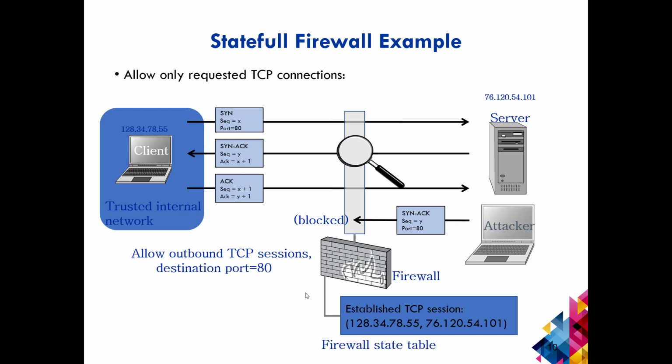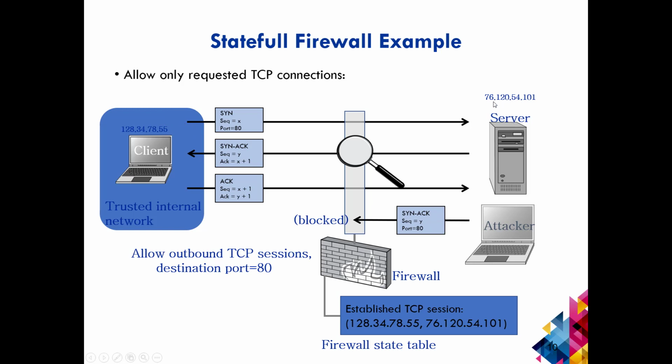Okay, from this explanation, we add the firewall state table, where it stores the TCP session. The TCP session will be interpreted by the firewall. Let's see it step by step. You request something from a server.